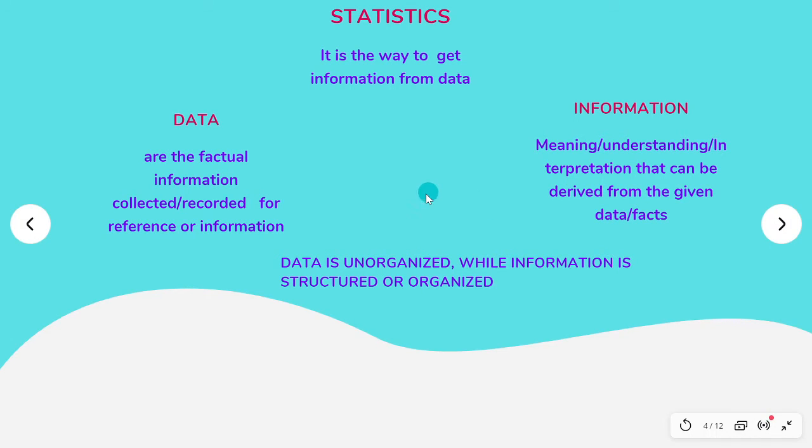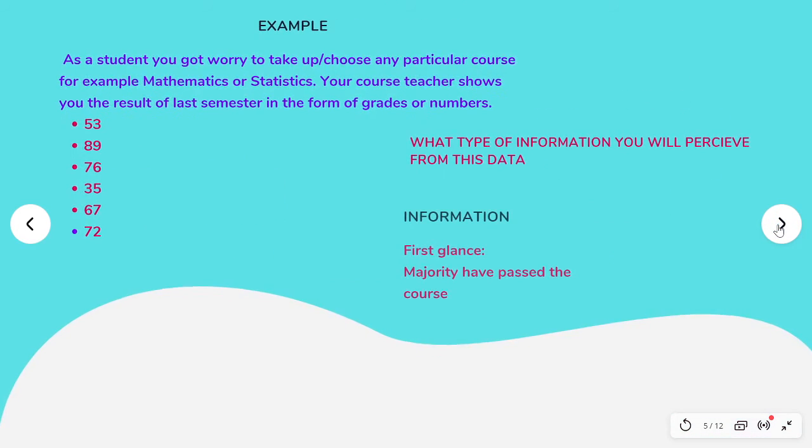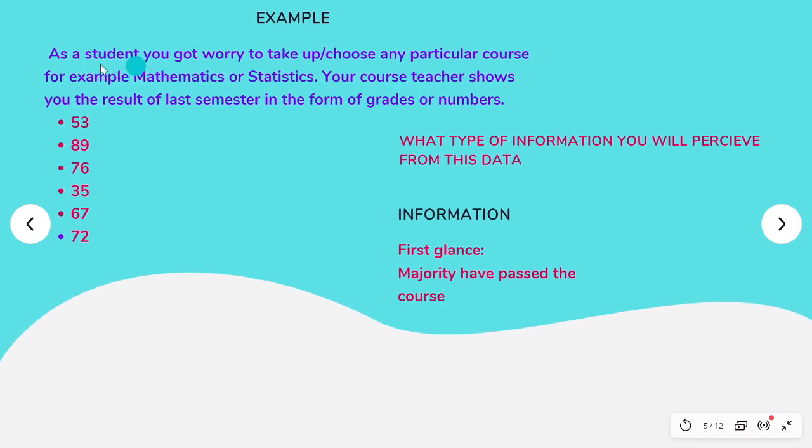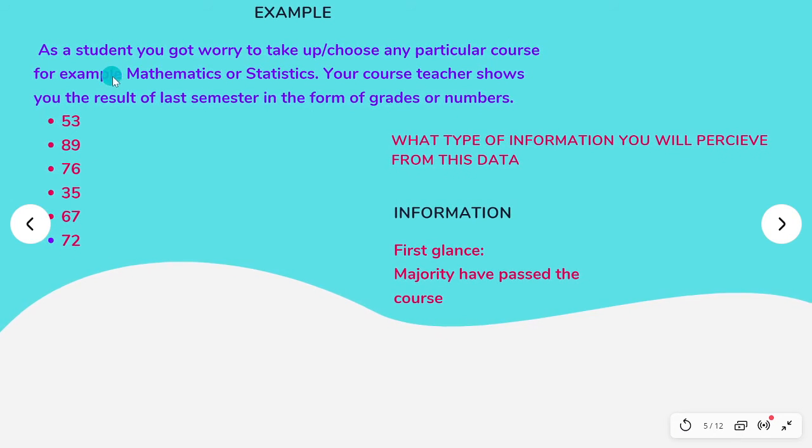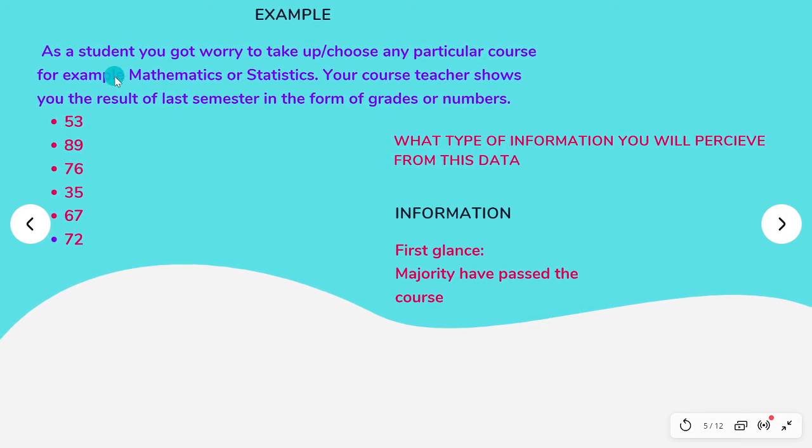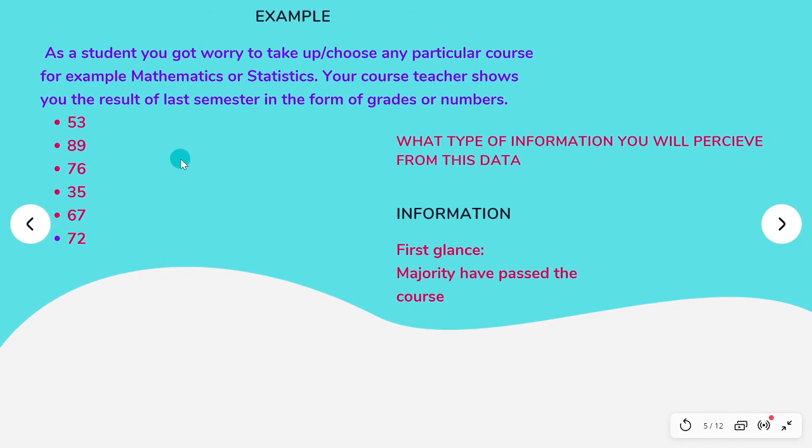Now, what is the difference between data and information? Data is unorganized, while information is structured or organized. Now, let's have a simple example. As a student, for example, you are worried about choosing a particular course, for example, mathematics or statistics.